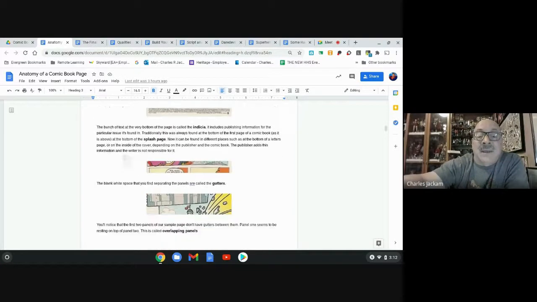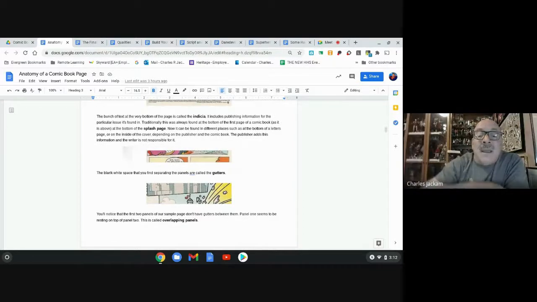You'll notice in a lot of these pages, there are these areas of white between the panels. These are known as the gutters. Sometimes the gutters are perfect and defined and are never broken. Sometimes panels can overlap, such as in the picture on the bottom here, where one picture is literally on top of another.